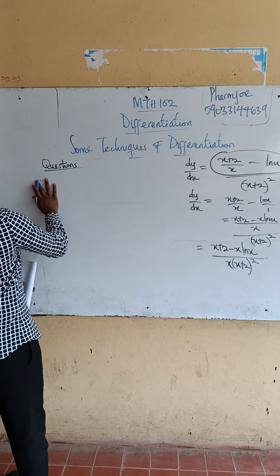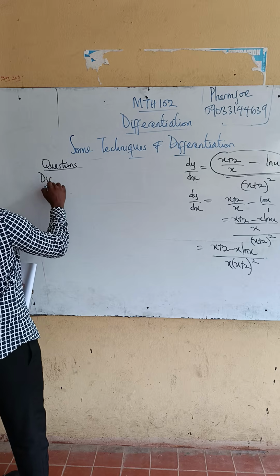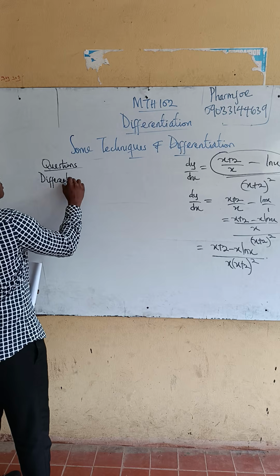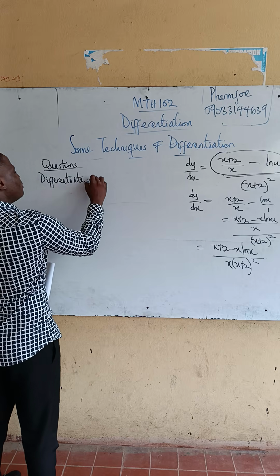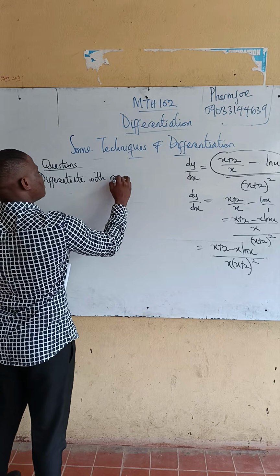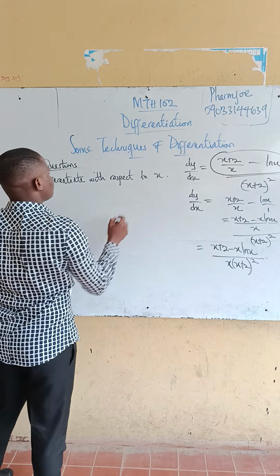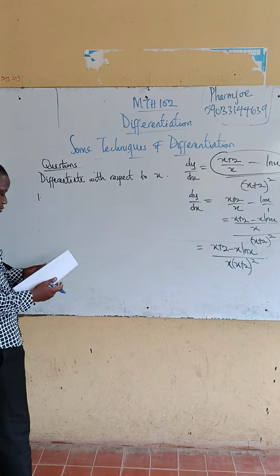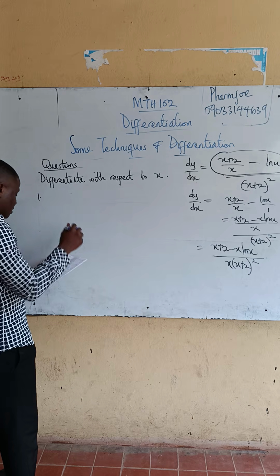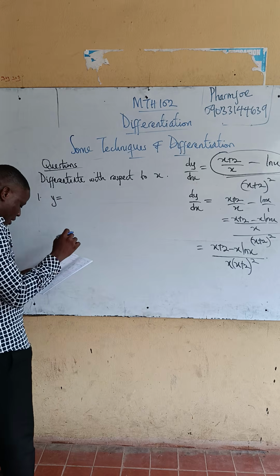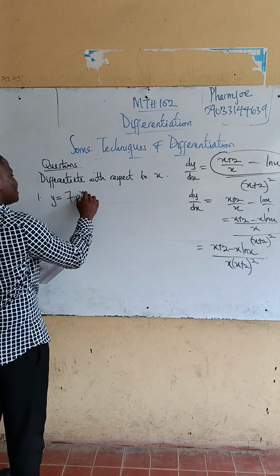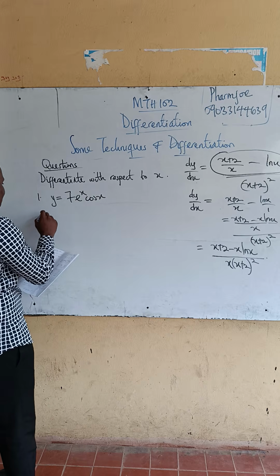Differentiate with respect to x. Number 1. So I brought interesting ones for you. y equals 7 e^x cos x.